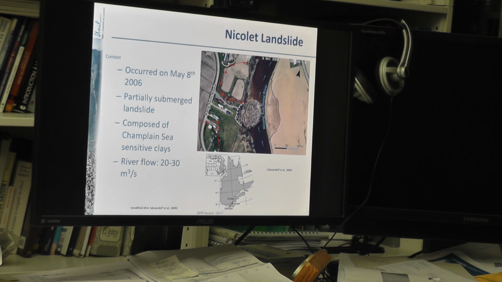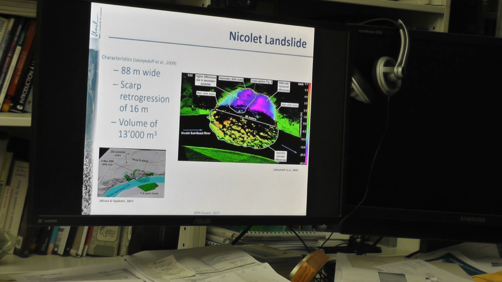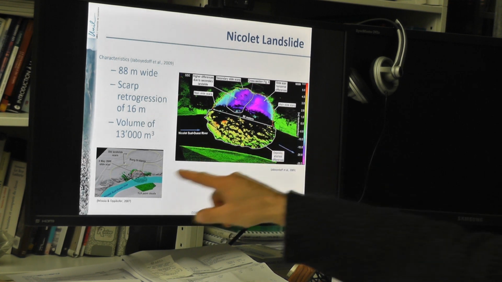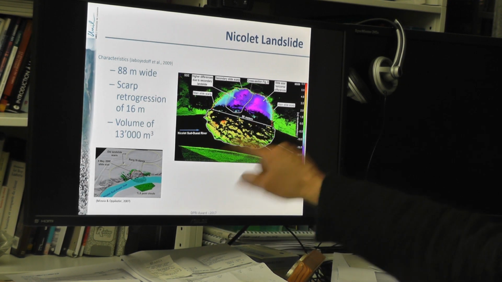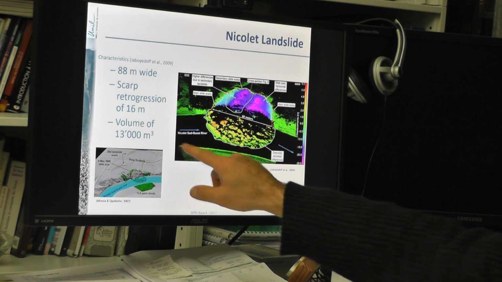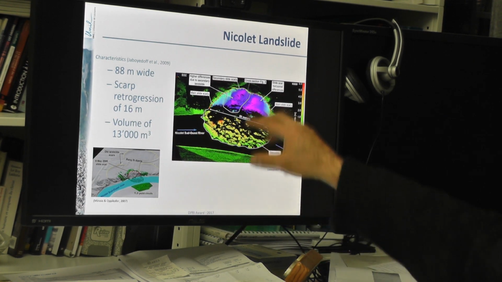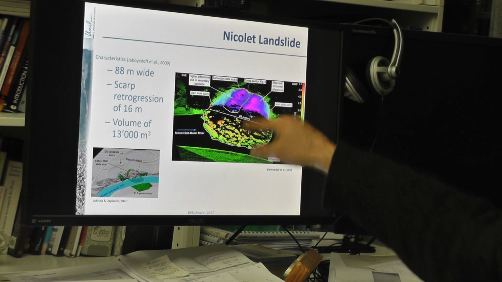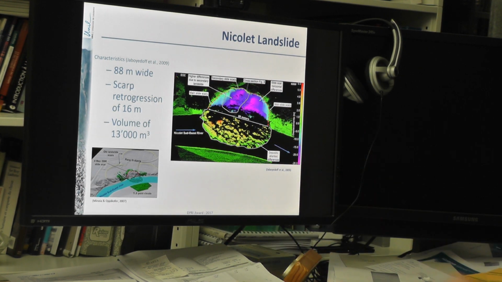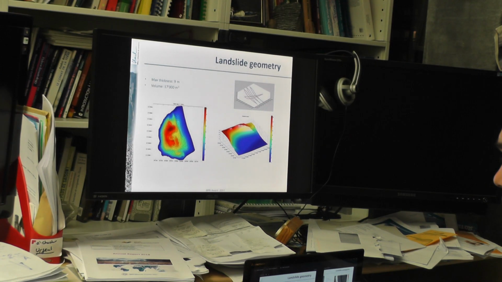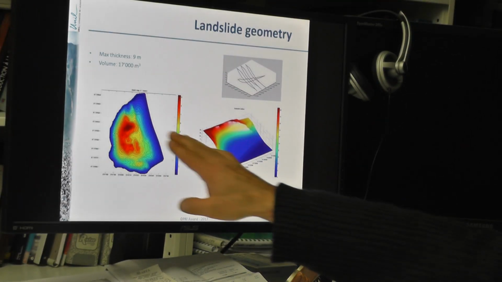In that case, the test of the simulation was first to use the volume that displaced and to use a shallow water equation to try to simulate the way it moved out. And this is our scan that we know exactly which landslide is there. And then in the simulation, we tried to get this failure surface.